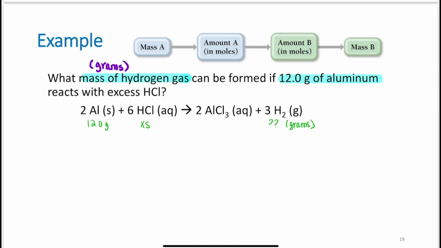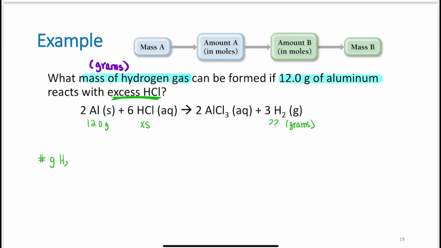But in this case, saying excess HCl means that I have more than enough HCl to react all of the aluminum present. That means the amount of aluminum I have is what's going to limit how much H2 I can actually produce. So write down what you want to know.